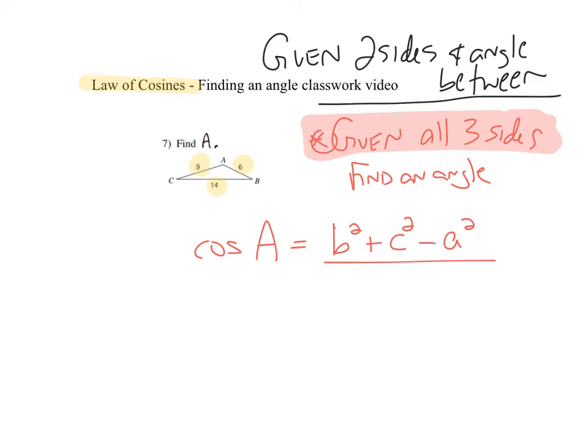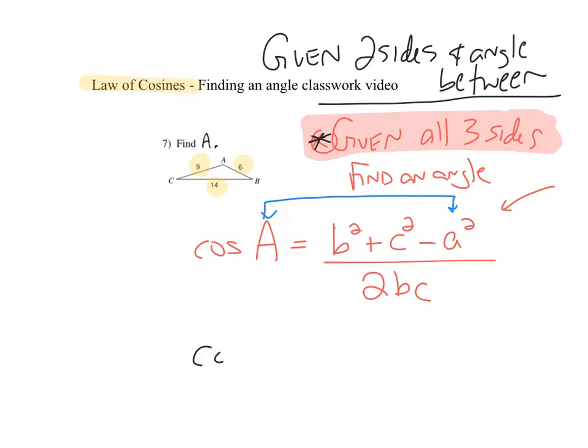So we're trying to find the angle A, so side A goes at the end with a subtraction. So the cosine of A equals B squared plus C squared minus A squared over 2BC. The angle that you're trying to find, the opposite side is used once, and the other two sides, B and C, are used twice. So that's what the form looks like when you're given all three sides.